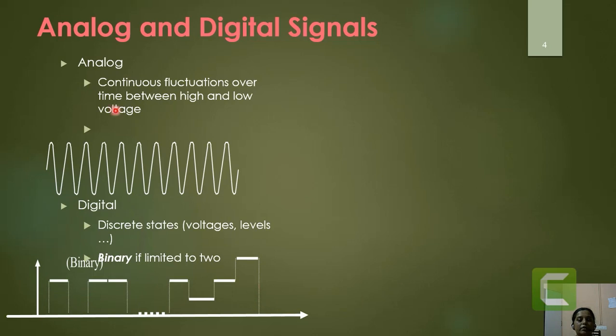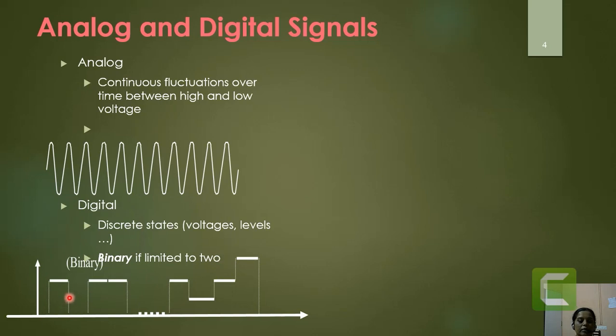But before that, we will define the analog signal and the digital signal. An analog signal is a signal which shows continuous level changes with respect to time. So in the analog time domain signal, we find multiple levels present, while in the digital signal, either only two discrete levels or a defined number of discrete levels will be present.